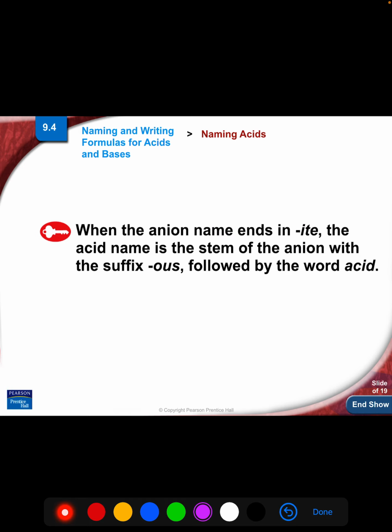The other two rules involve polyatomic ions. If you have a polyatomic ion ending in "ite," for example, nitrite or sulfite, that would be 2-. Then you have an acid that you would call, it becomes the "ous" acid.